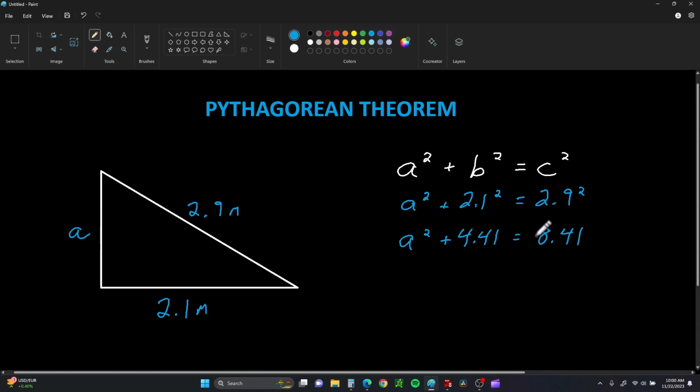So in order to solve this, you can keep track of things by writing a little roadmap over here. What's happening to A squared is that I am adding 4.41. So to solve this, I would subtract 4.41 from both sides.